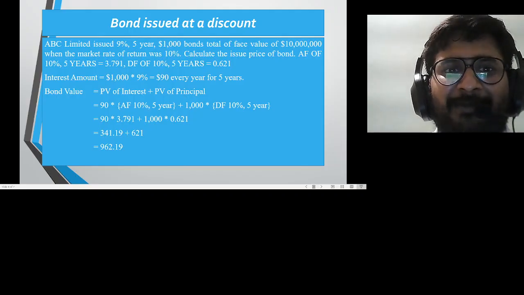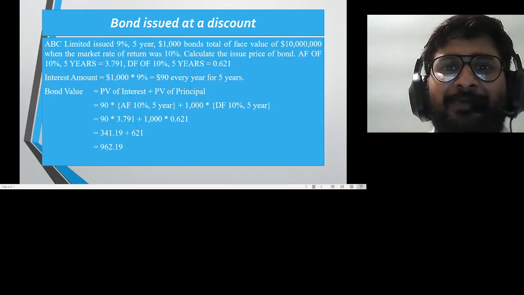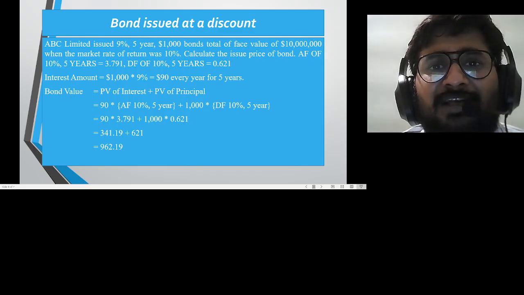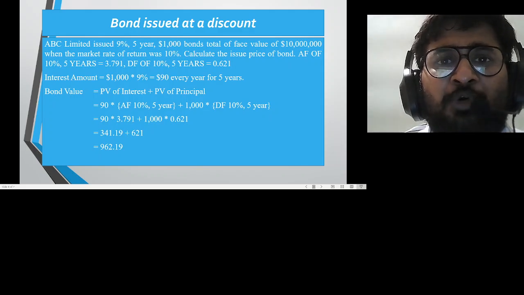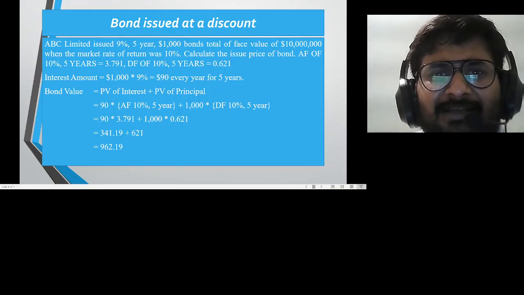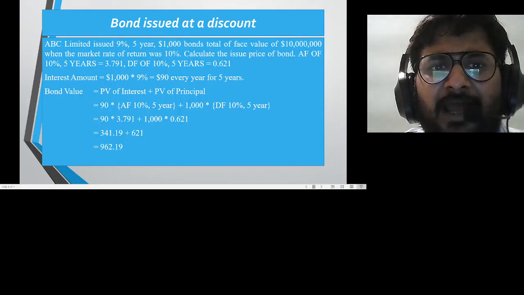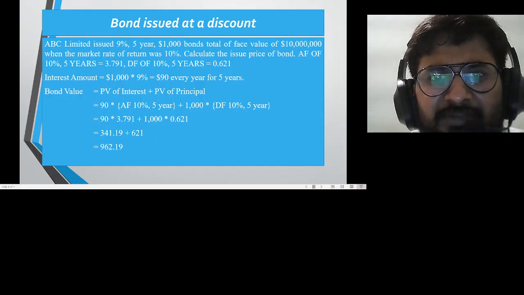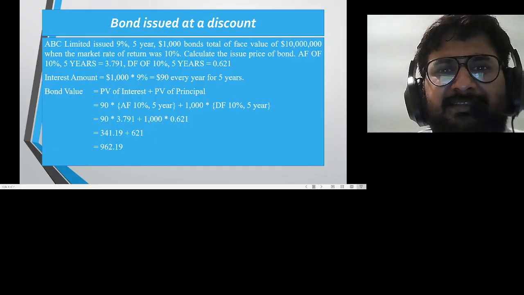So always remember, whenever your coupon rate is less than the market rate, the bond has to be issued at a discount. Otherwise, how will I earn more from the same bond? By buying it at a lower price. And the valuation method is shown here. You have PV of interest plus PV of principal.